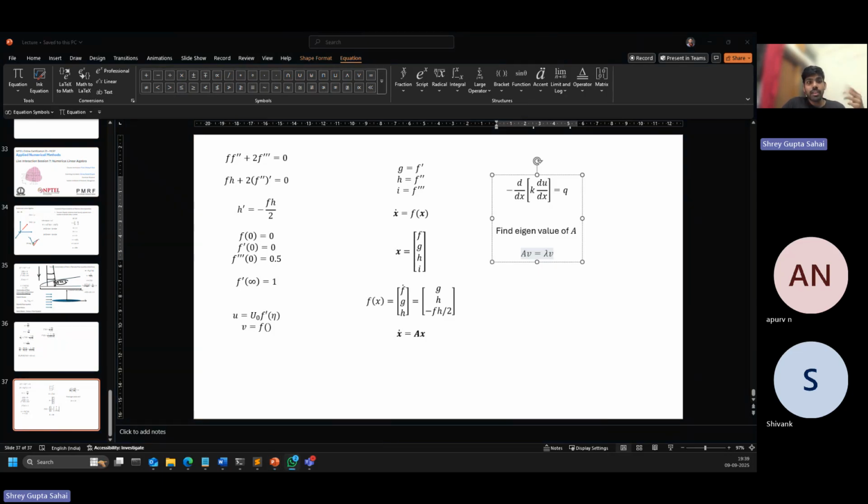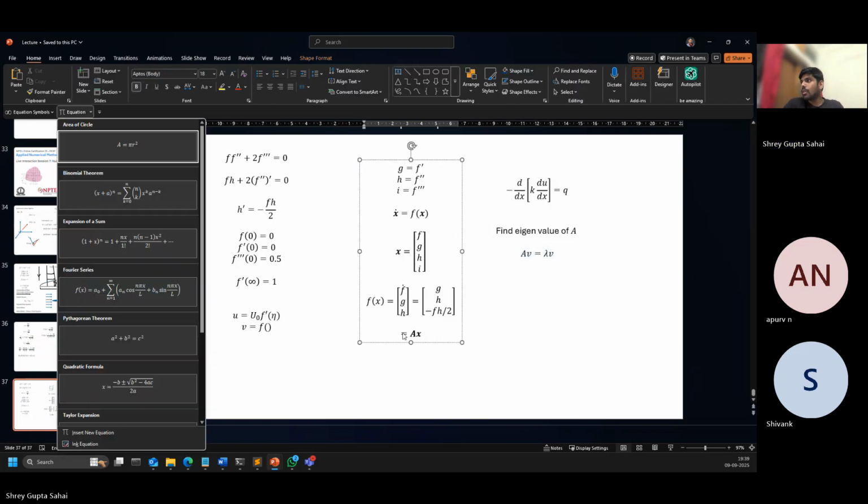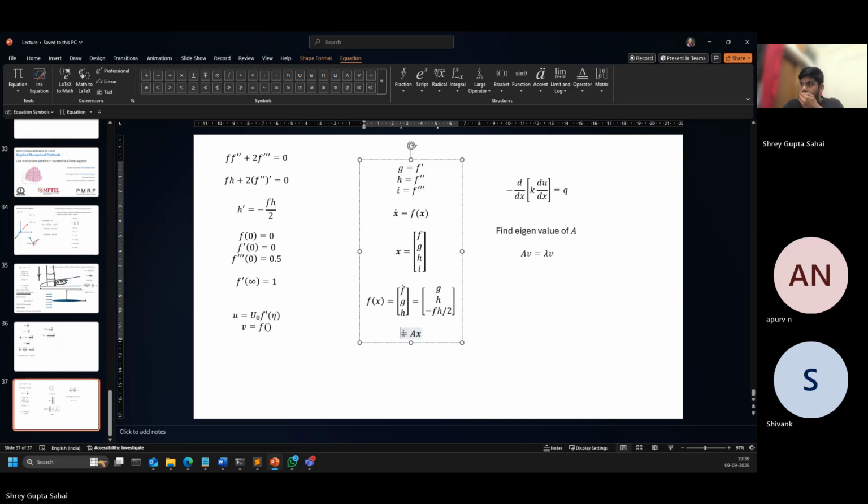Eigenvalues can hold different meanings in different contexts. Another context is what I was referring to earlier. Suppose x dot is dx by dt.